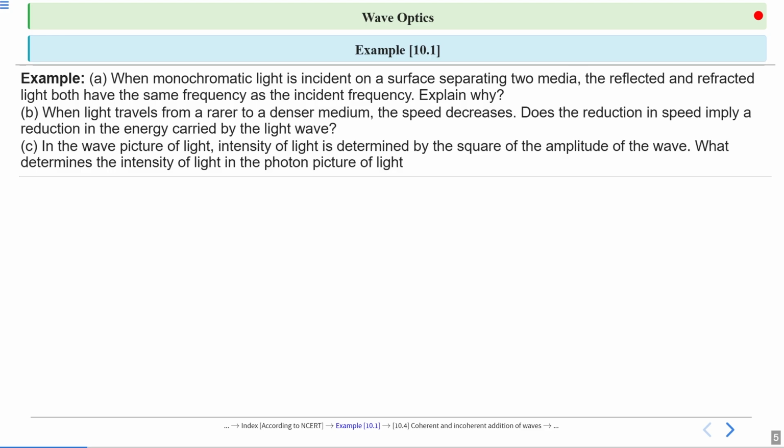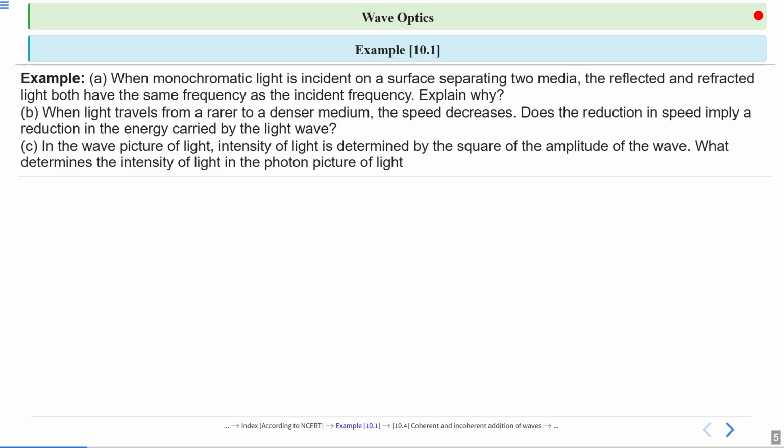Explain why. We have discussed that after refraction and reflection, when light enters into another medium, frequency remains the same. Frequency in all media for a particular color of light remains the same. So we have to explain why. B part, when light travels from a rarer to denser medium, the speed decreases.